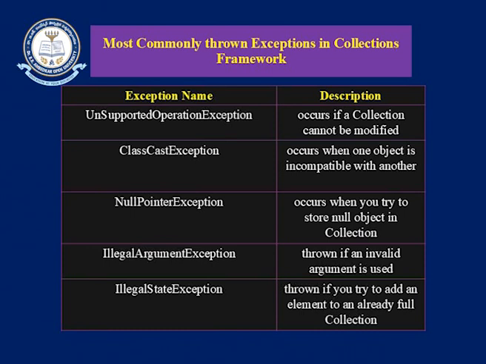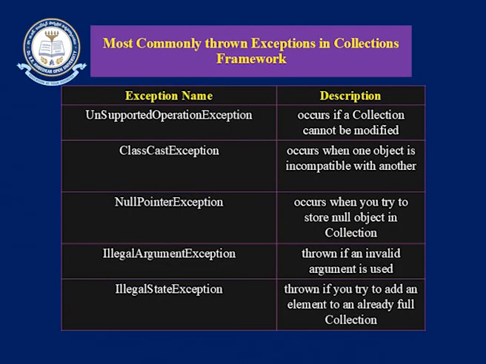UnsupportedOperationException. The exception name is UnsupportedOperationException. All exceptions are classes technically. In Java, all exceptions are classes. Here the exception class name is UnsupportedOperationException. It occurs if a collection cannot be modified.